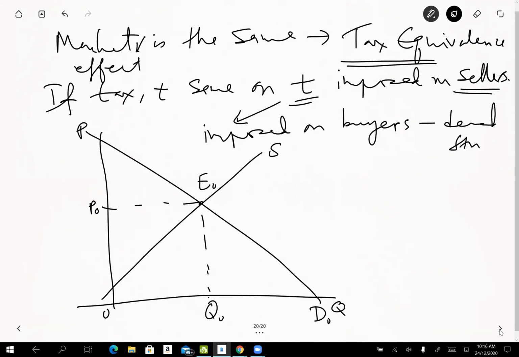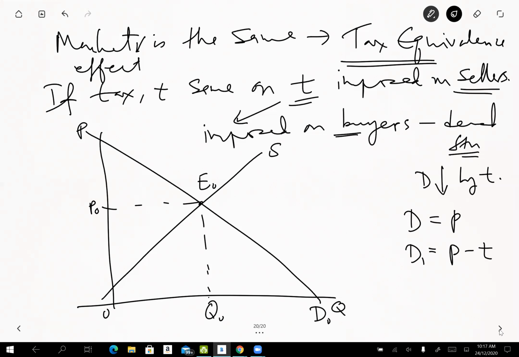Now, after the tax is imposed on the buyers, the effect is on the demand function. The demand will shift downward by the amount of T. So in other words, if the demand is equal to P before the tax, then after the tax our demand will be equal to P minus T. So that is the effect.